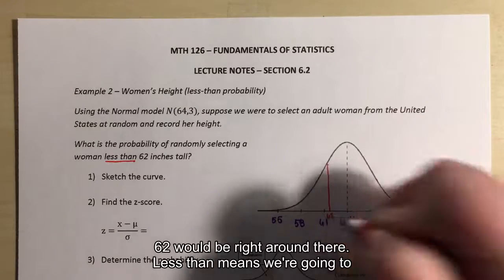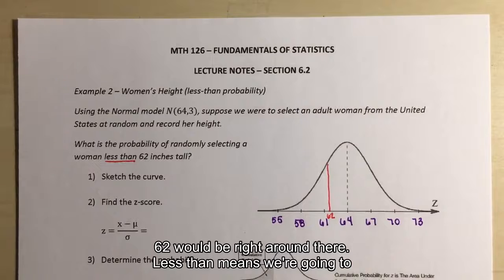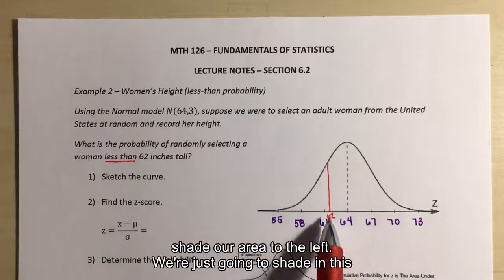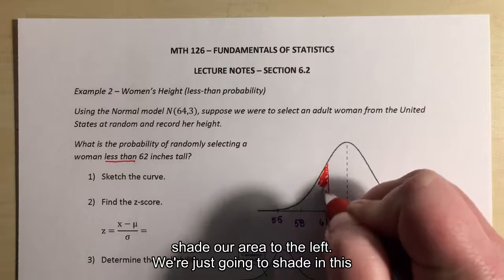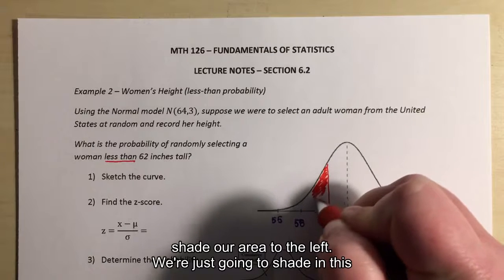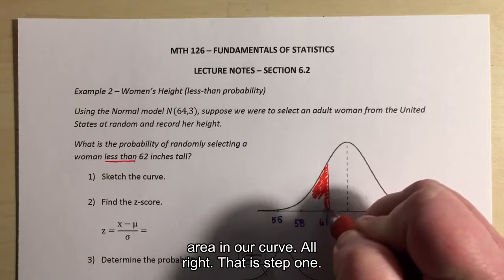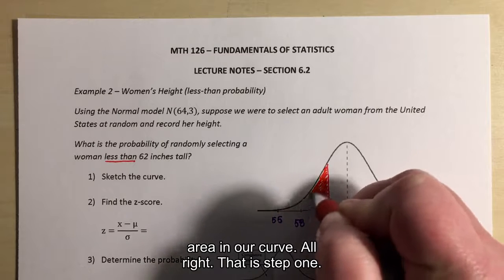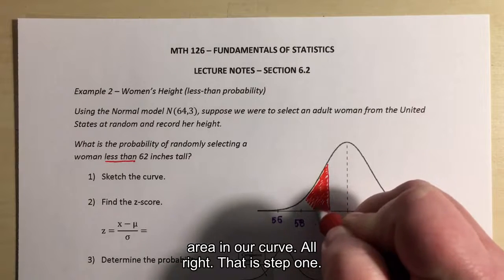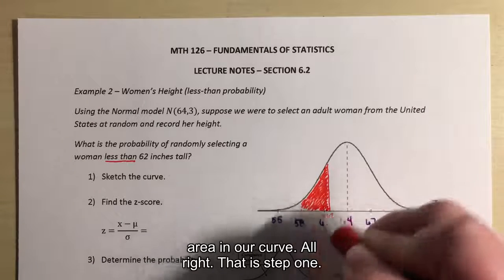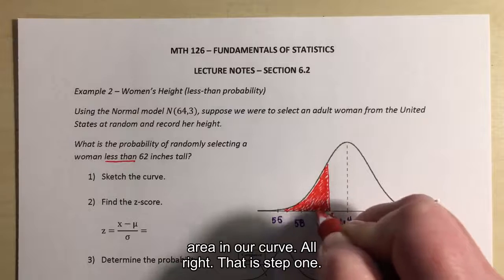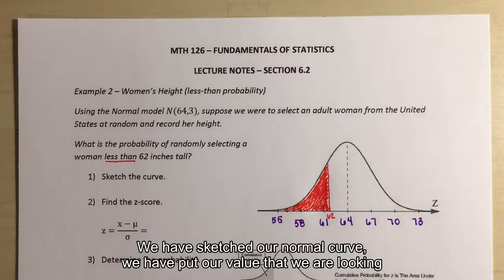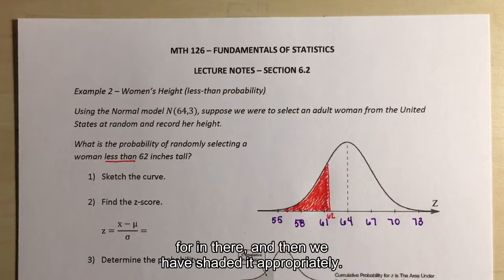Less than means we're going to shade our area to the left. So we shade in this area under our curve. Okay, so that is step 1. We have sketched our normal curve, we have put the value we are looking for in there, and we have shaded it appropriately.